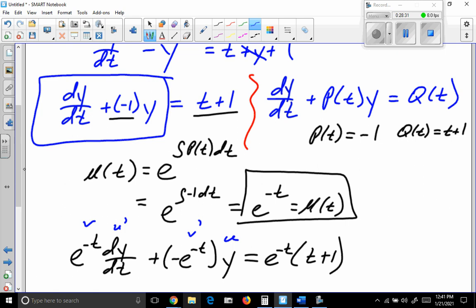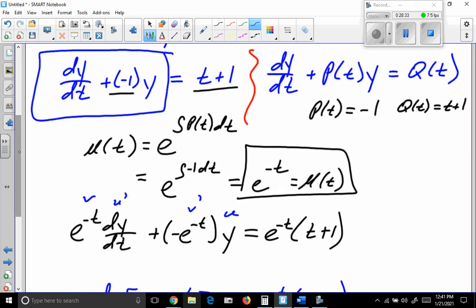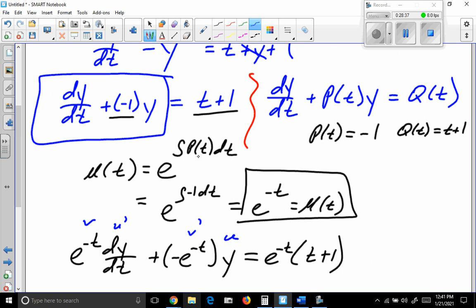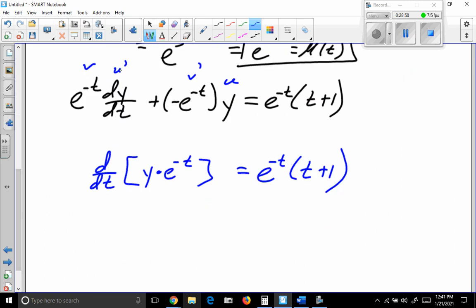So the way we came up with mu was we found out what coefficient we would need to go with that, so that the left side is the derivative of u times v. Again, where u prime is dy, which would make u y, and then our special integrating factor is v.